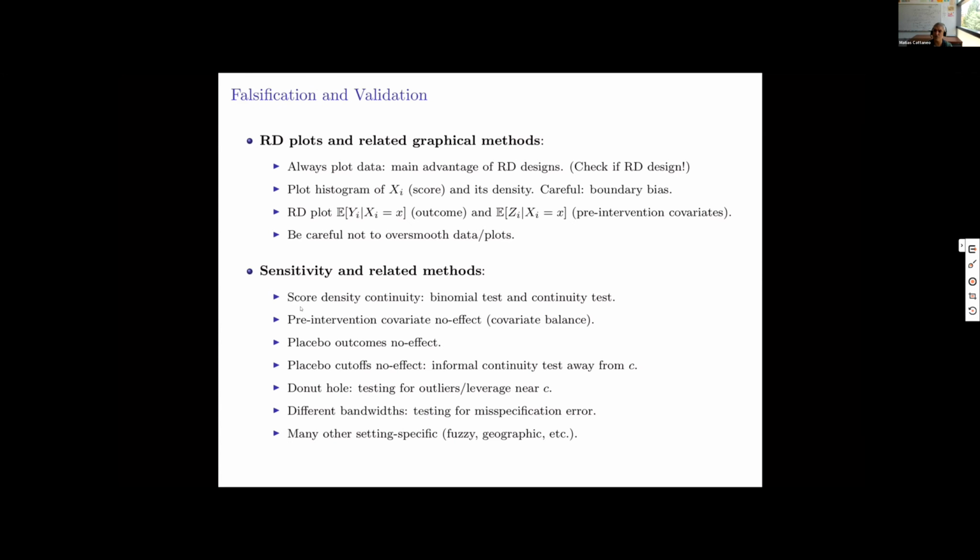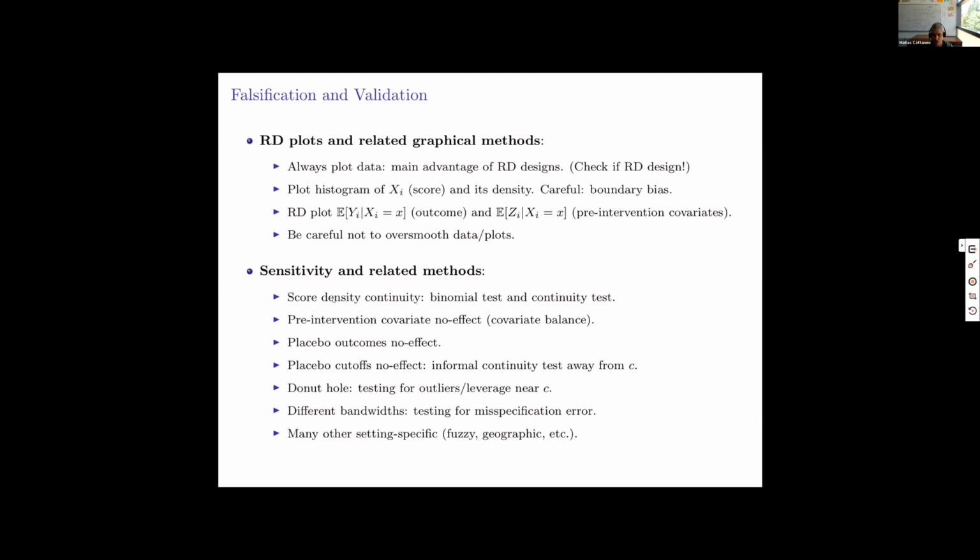And so this idea was originally posed by more practitioners, and then later it was formalized and investigated in different ways. And so there is a very popular test, which is called the density continuity test, proposed by Justin McCrary. And that one in particular seeks to check whether there is a disproportional jump in the mass of units on one side of the cutoff or the other.